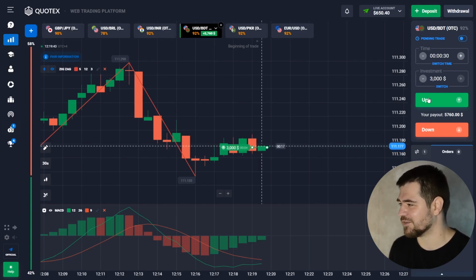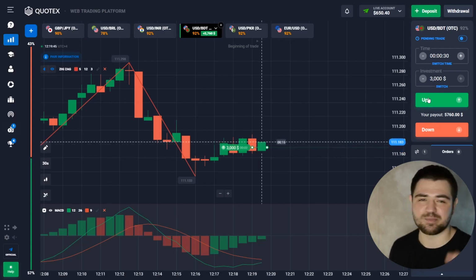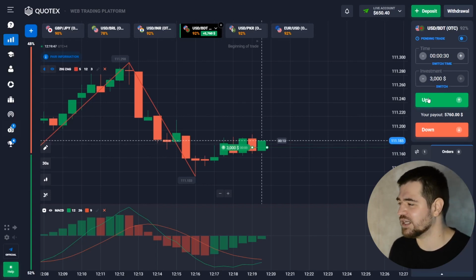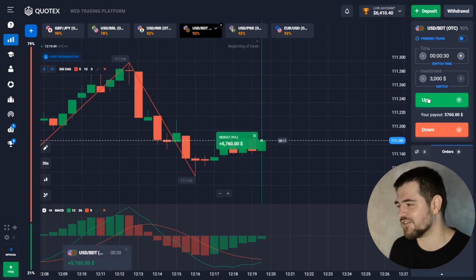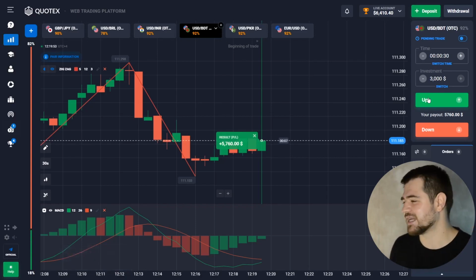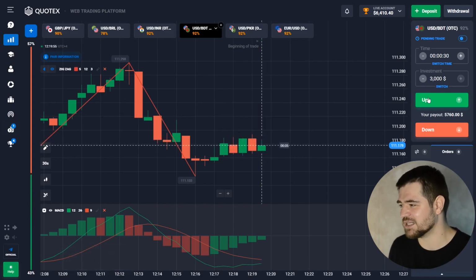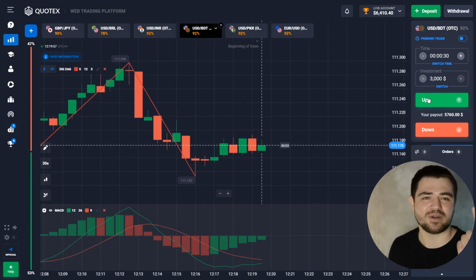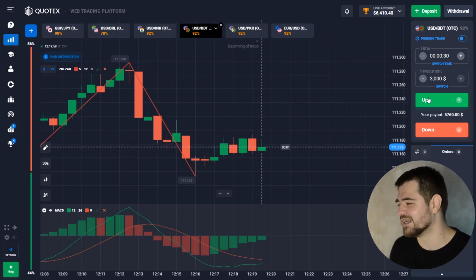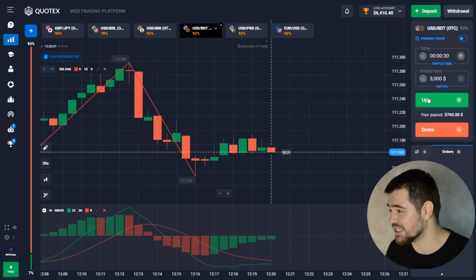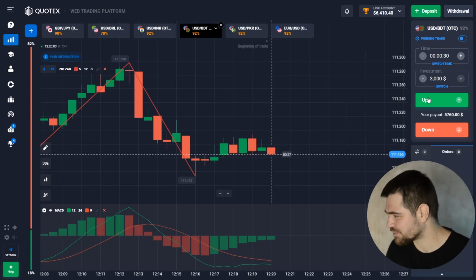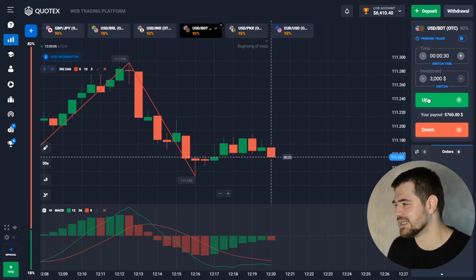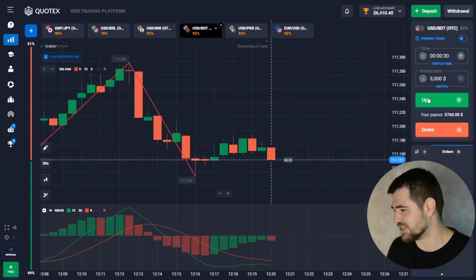If we start analyzing that, this may just be because we're trading on a 30-second graph. So this could just be a pullback. If we go back to 1 minute, 5 minutes, 10 minutes, it will just be a little pullback. But here on the 30-second screen, we see that a bit more volatile.